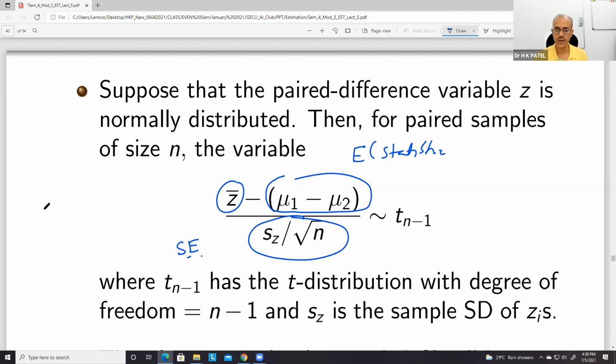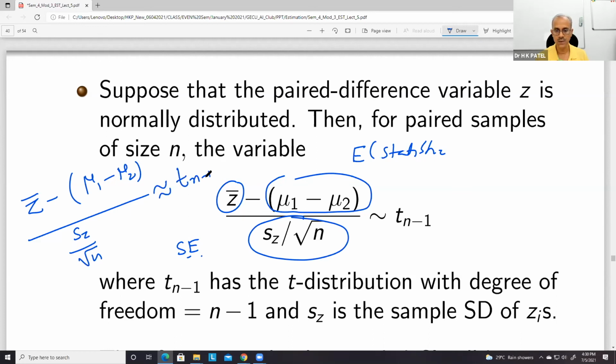So this is z bar minus (mu1 minus mu2) upon Sz upon root n, which is T with n minus 1.